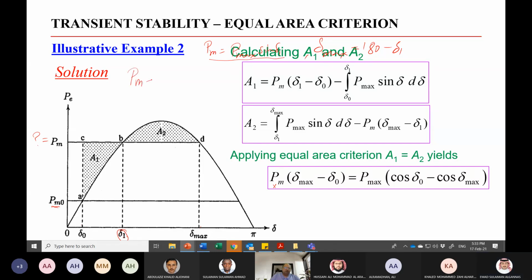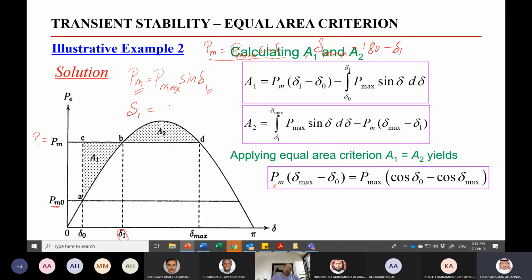Bm equal to B max sine delta 1. And Bm was not known. Delta 1 also is not known. Therefore delta max also is not known. But you can express delta max as a function of Bm. Right? Yes, you are correct.